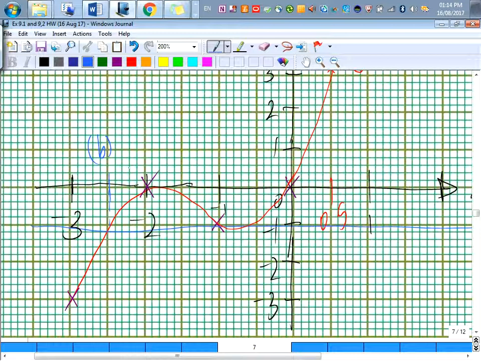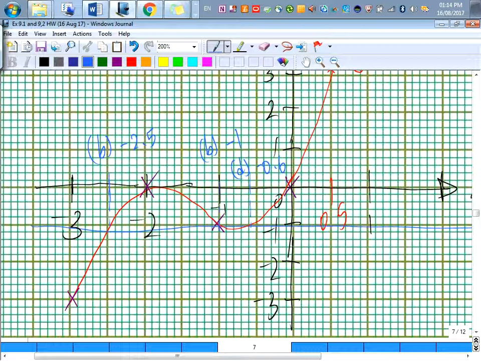According to my very badly drawn graph, my answer is -2.5. Over here, I have another point. Also part B, value is -1. And finally, over here, one last point, value is -0.6. These are my 3 values.